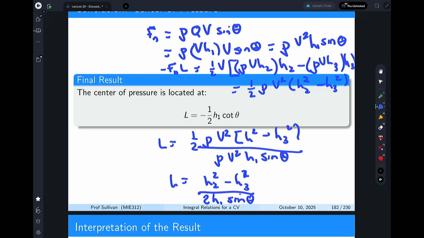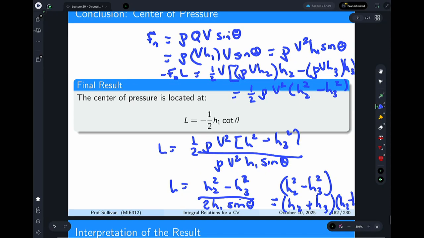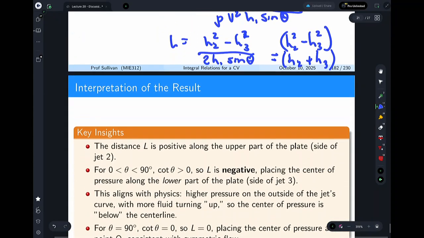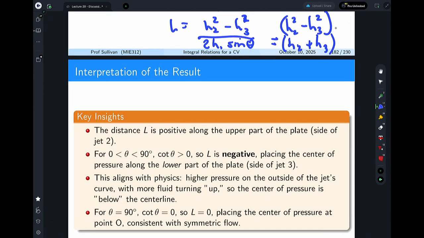Basically, it's using the fact that h2 squared minus h3 squared is equal to h2 plus h3 times h2 minus h3, and then substituting a whole bunch of relationships for cotangent and simplifying the expression.